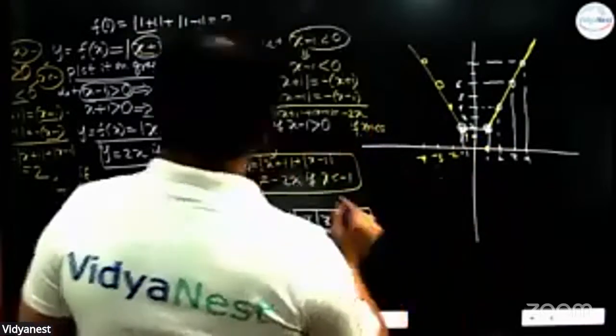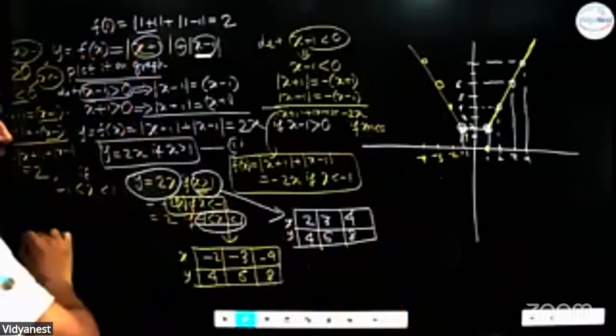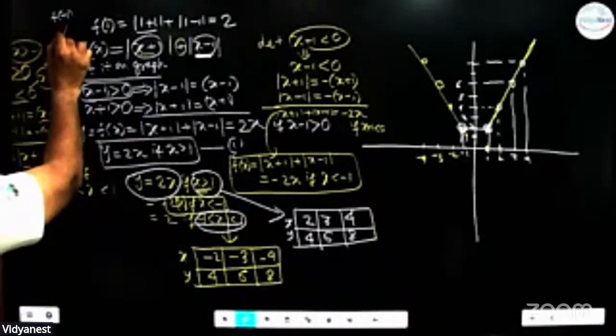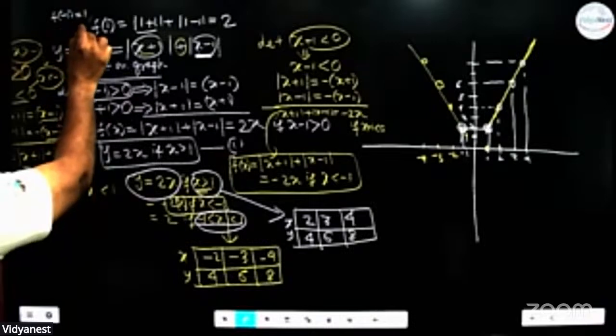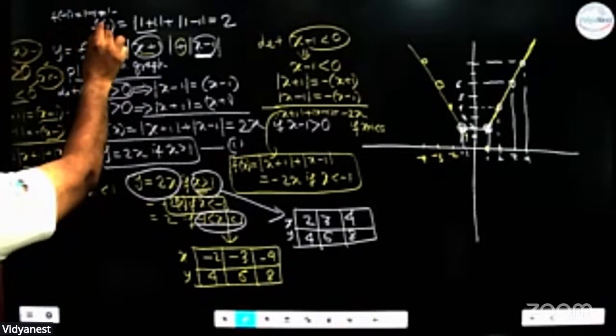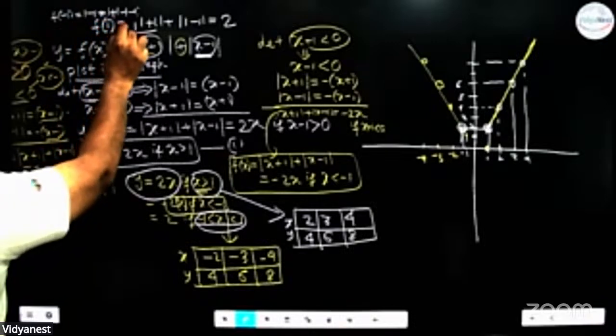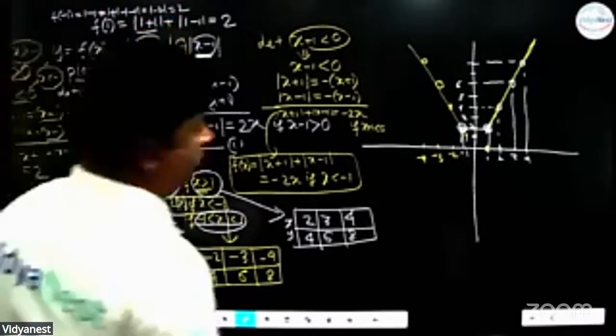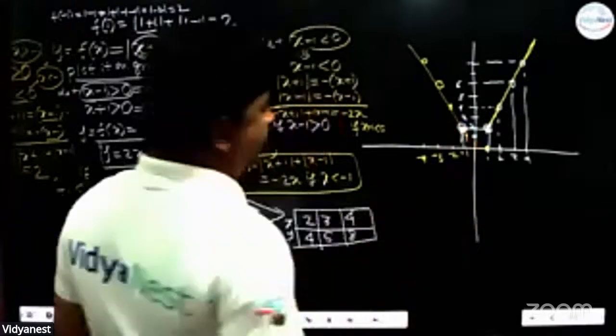At minus 1, you put minus 1. You will get minus 1 plus 1 plus minus 1 minus 1. Mod of minus 2, that is also 2. So this point has existence.